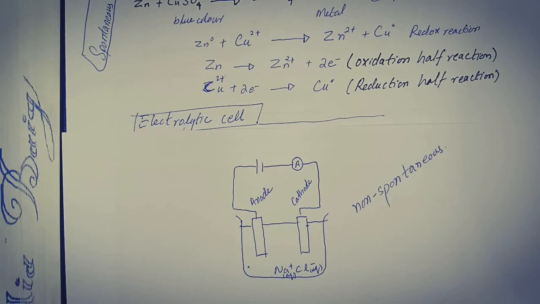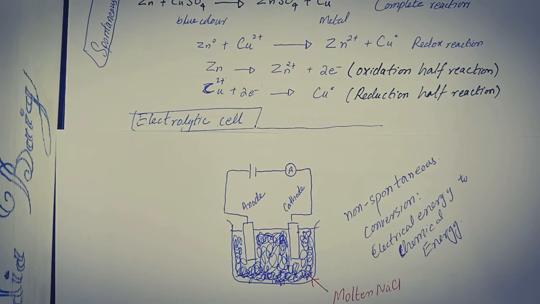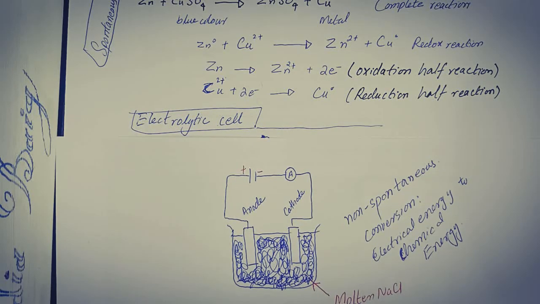Whereas the electrolytic cell is the non-spontaneous generator that actually converts the electrical energy into chemical energy. In this type of electrochemical cell, the electrical current is passed through the molten salt, for example molten sodium chloride.